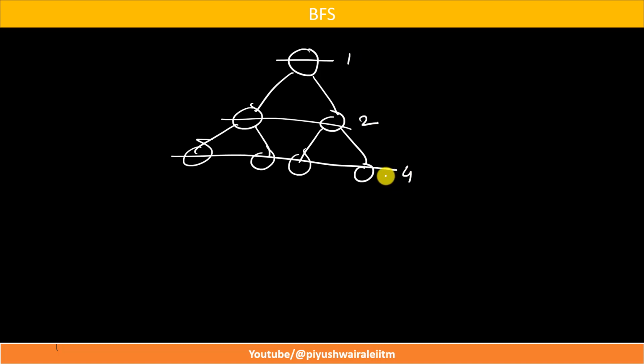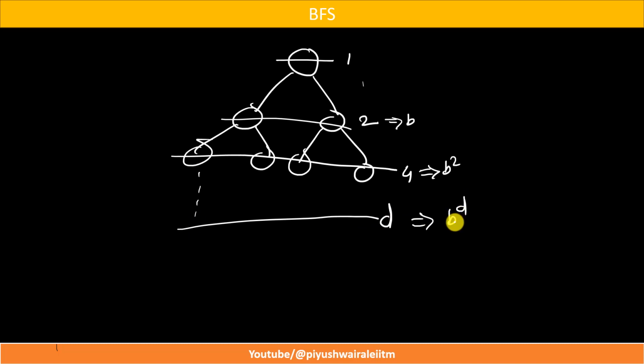So suppose the branching factor is b. At depth 2, it will be b squared. If we go like this, at a particular depth d, it will be b to the power d.